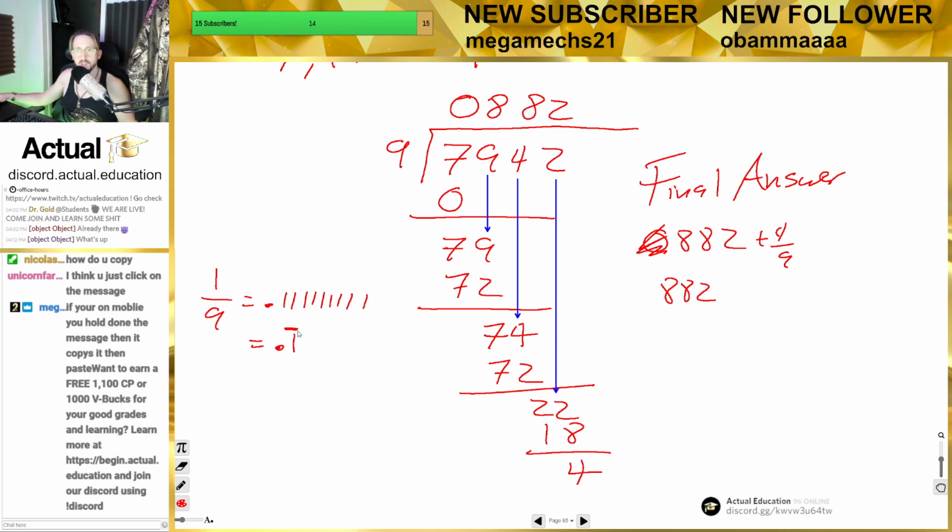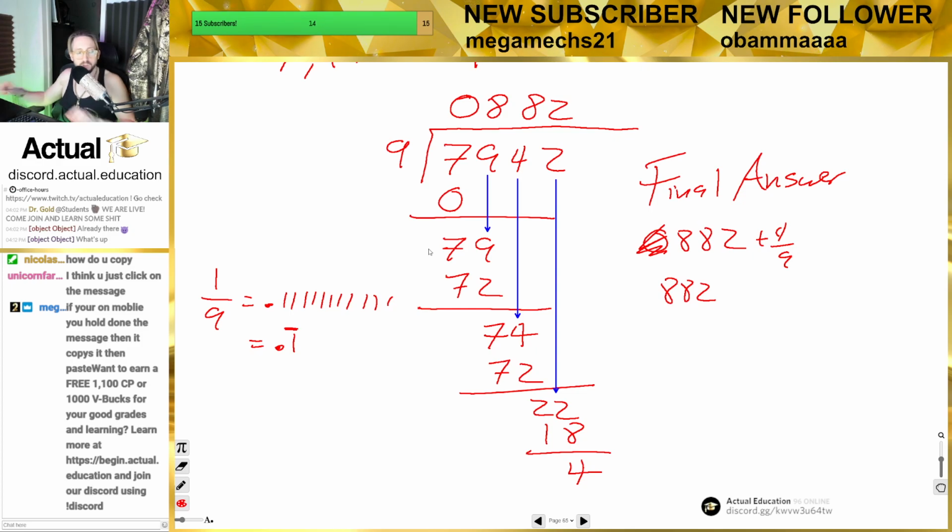Have you seen repeating decimals before? So 1/9 is 0.1 repeated 9 times? No, 0.1, but repeated a lot of times, like you just keep writing ones. It's repeated an infinite amount of times, like it goes on forever. It's kind of a cool thing.